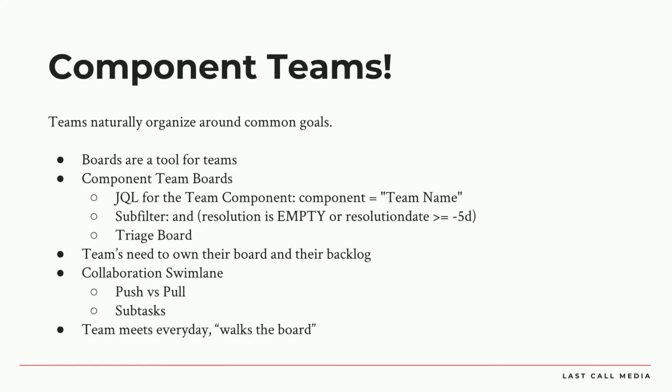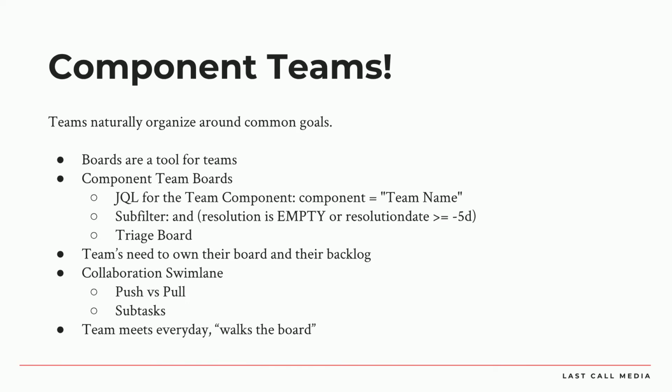And when an issue gets created, all it has to do to get to the right team is have the component team put on it. And you can configure the components to have the team lead. Maybe the team has a lead that's going to triage that issue from there, and so it could be automatically assigned to that team lead. It'll show up on their board, and you've got a pretty good flow.